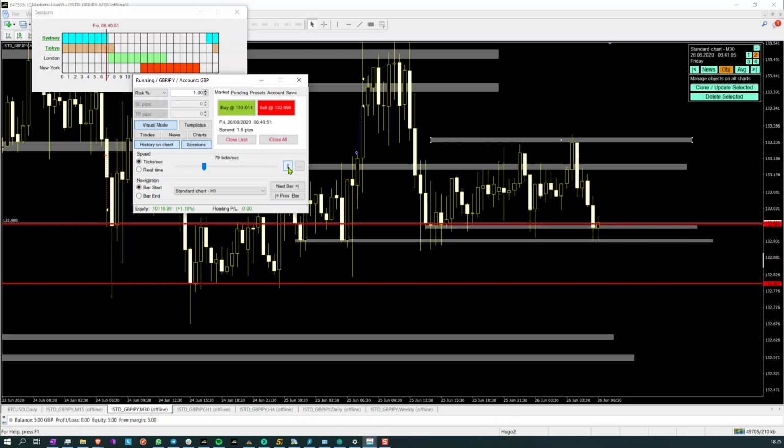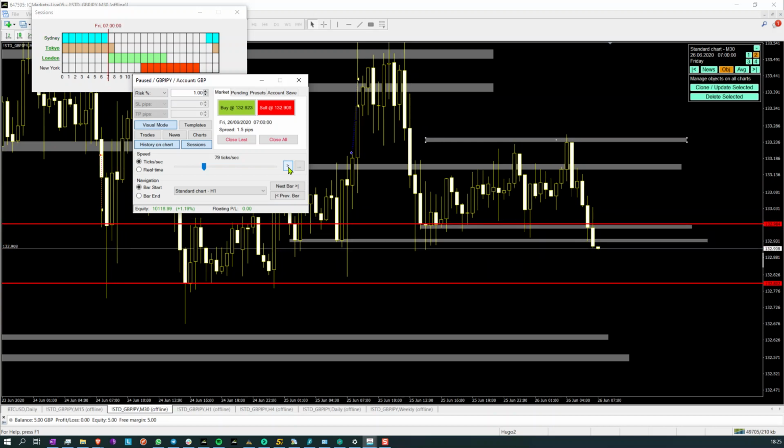Okay, waking up. That's my fear when I enter a trade in a zone like this. It just rejects and goes up again. But it is respecting the 30-minute high. Oh, okay, wait for it.